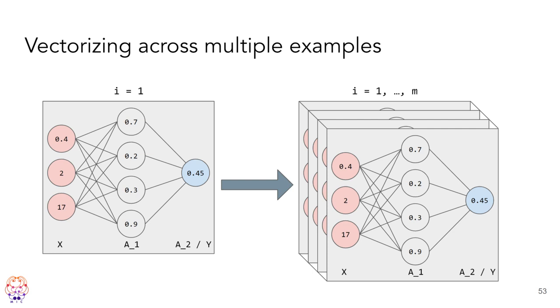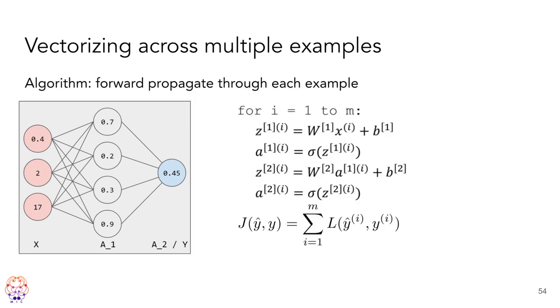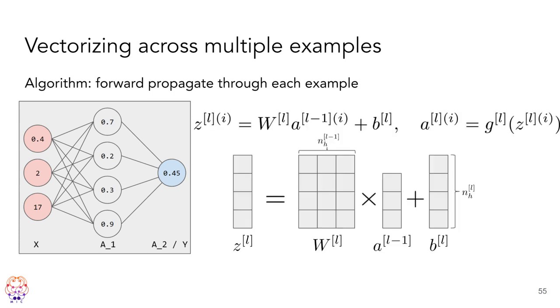So if you think about it more in 3 dimensions, it's more intuitive that way. So here is the standard algorithm. You would forward propagate for one example, for the second example, etc., until you get all of the examples and then compute the loss. Right?